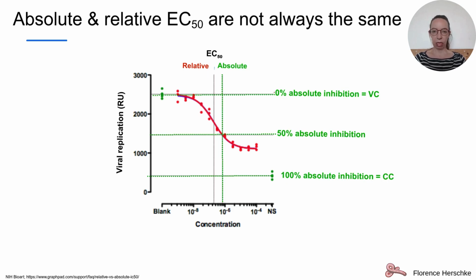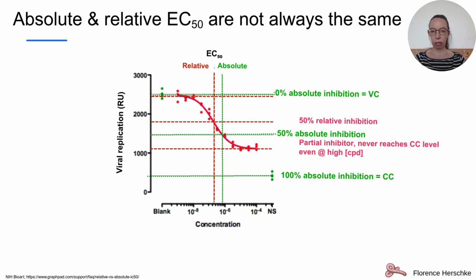Moving first to the absolute EC50, please look at the green text boxes. The VC wells represent 0% absolute inhibition, and the CC wells represent 100% absolute inhibition. And the 50% absolute inhibition, and thus the absolute EC50, will be defined in the middle of these two values.